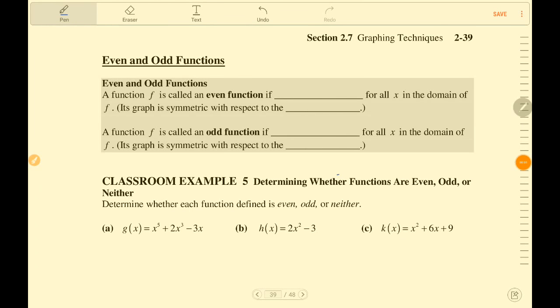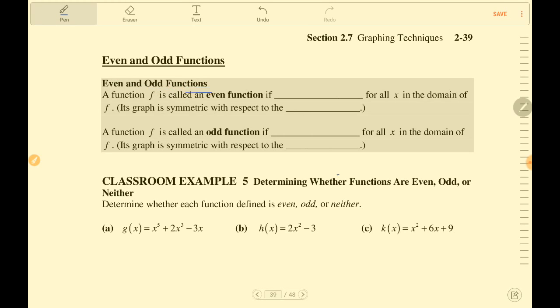Now that we understand the concept of symmetry and reflection, we're going to look at how we can extend that to the definition of an even function or an odd function. So I'll fill in the blanks first, and then we'll unpack why it should make sense based on what we have just previously gone over.